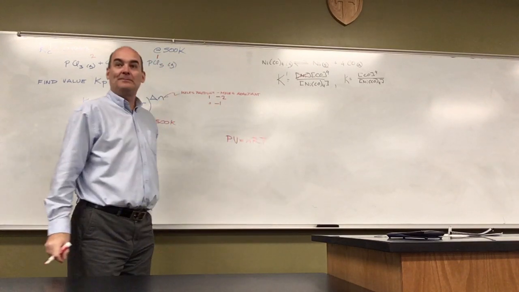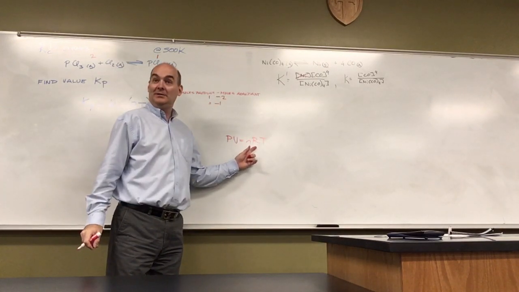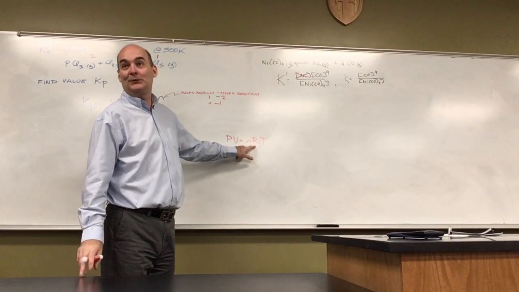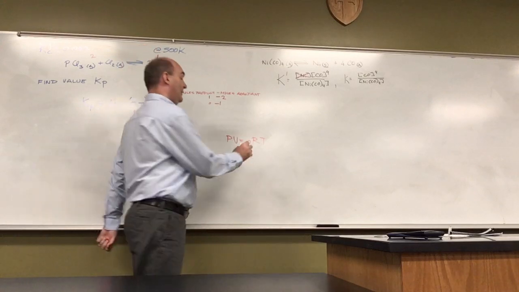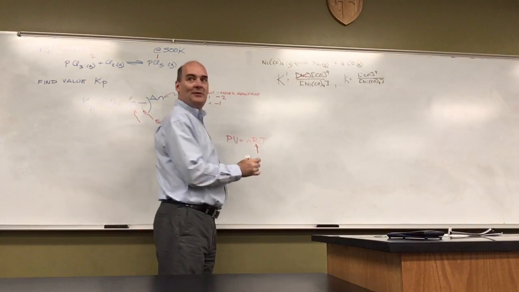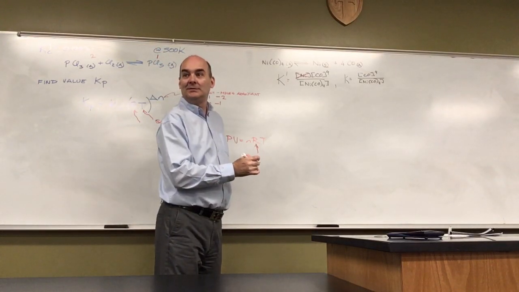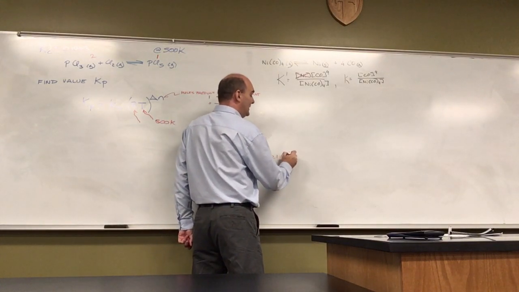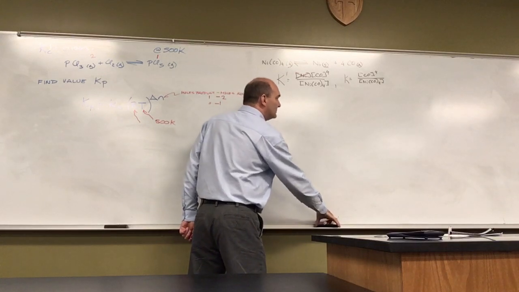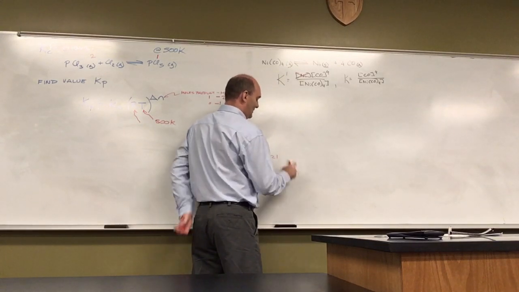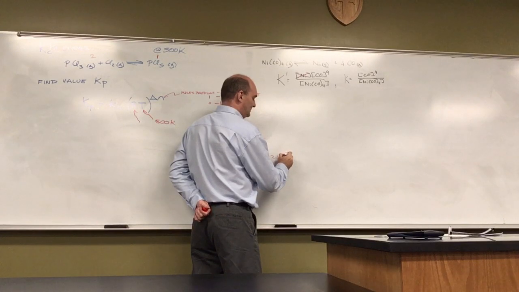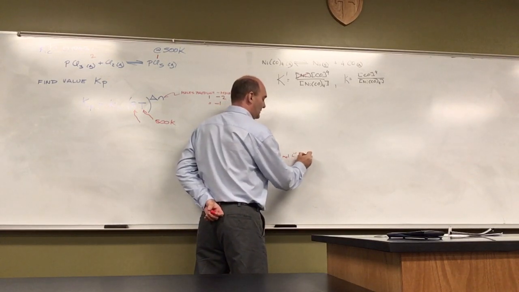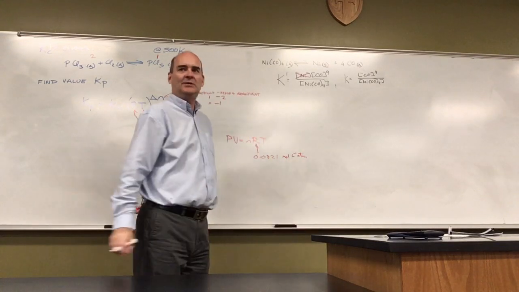And the R in PV equals nRT is not the 8.314 joules per mole per Kelvin. That's the, anybody remember what that one is? It is 0.0821 moles per liter atmosphere.